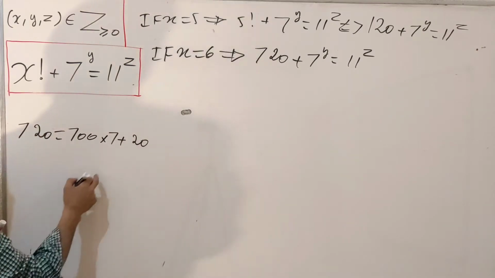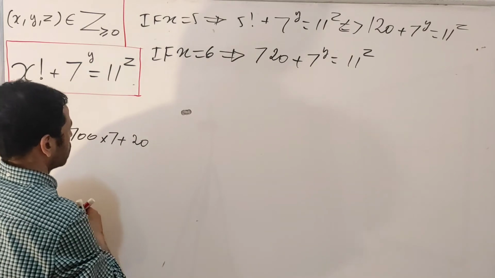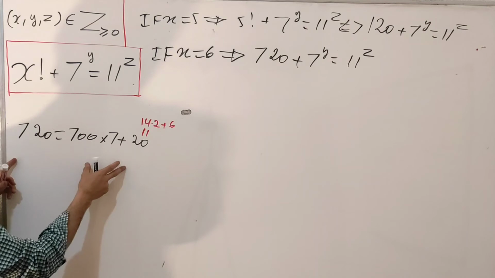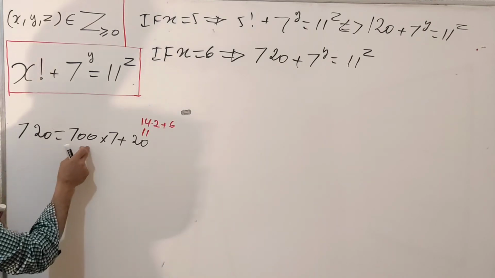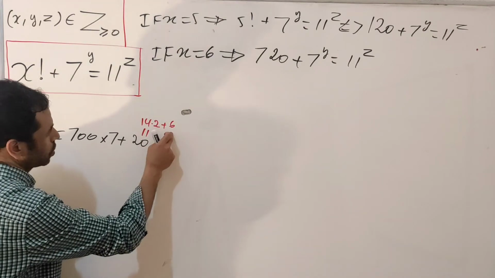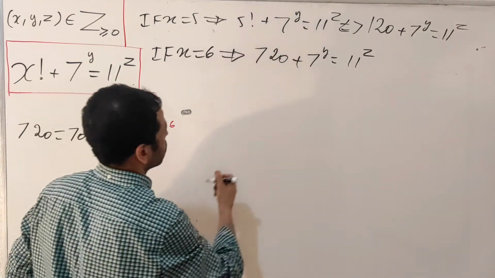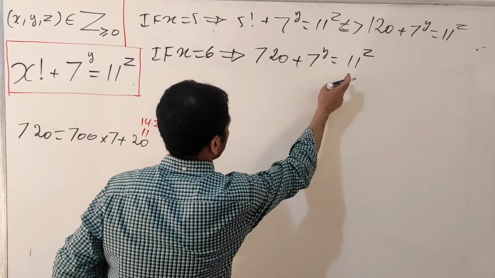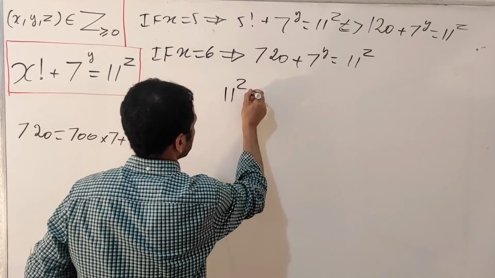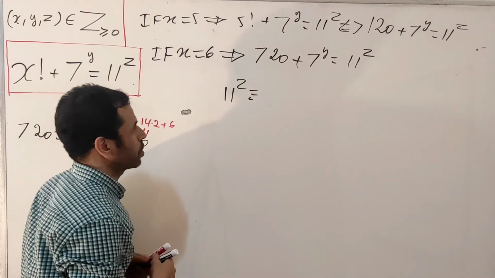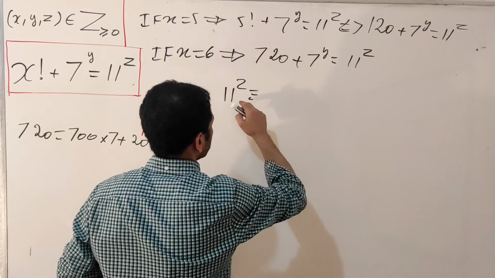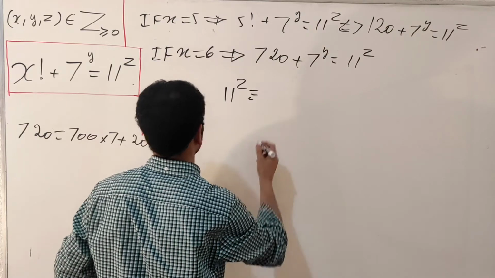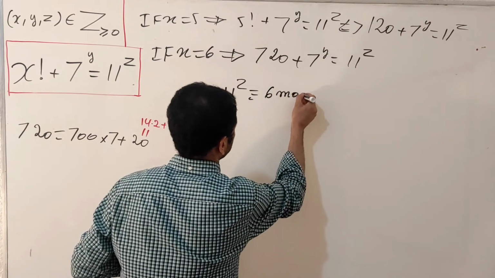Also, this 20, reduced to mod 7, I will get 0, I will get 0, I will get 6 as a remainder. So by reducing to mod 7, 11 to the z is congruent to 0, this one is automatically 0, so we will have 11 to the z congruent to 6 mod 7.